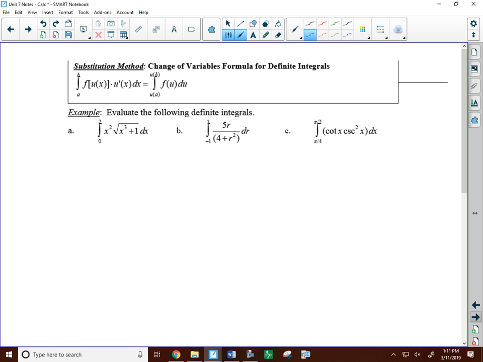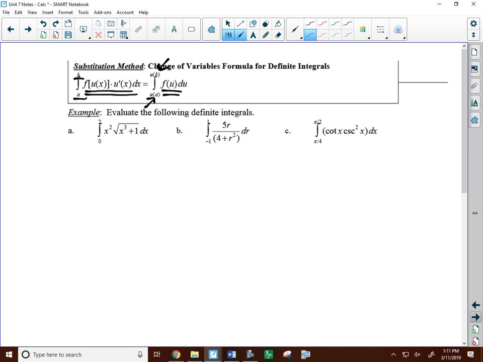It's still u substitution, but you have a change of variables for a definite integral. So here was the normal rule from two pages back, the reverse chain rule, the u substitution rule. It's the integral from a to b. What happens though is when you get your function just in terms of u, you also need your lower and upper limits of integration to be in terms of u.